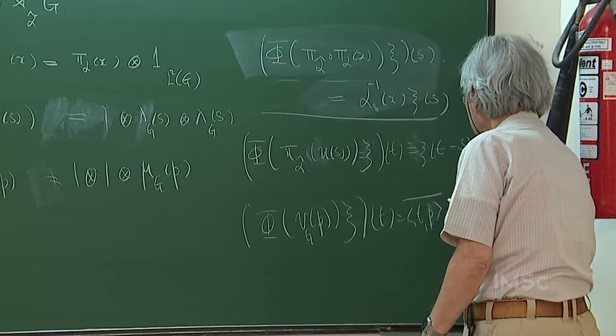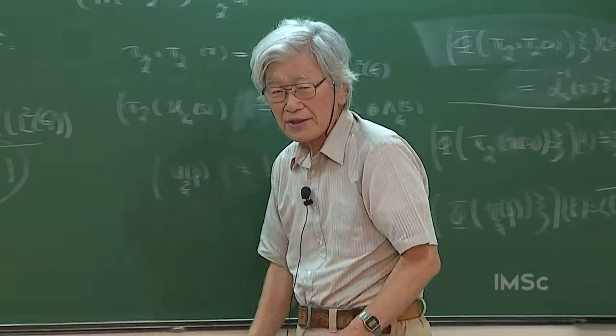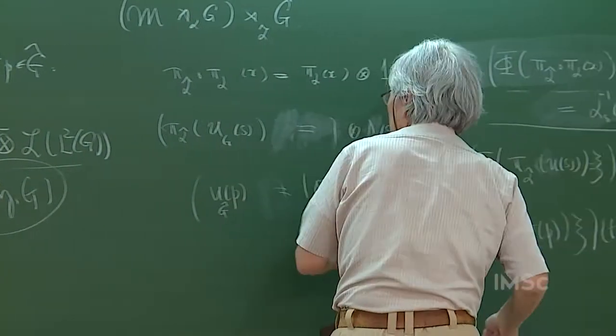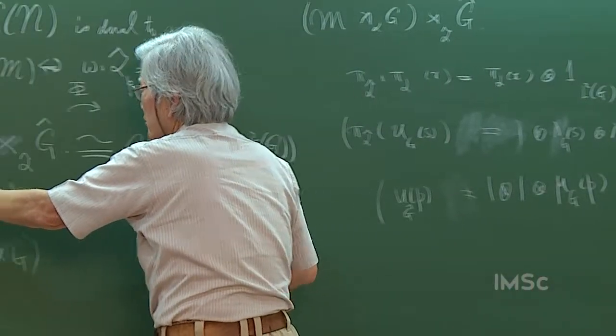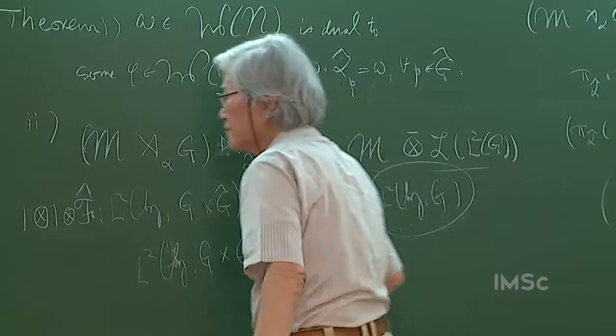Then here the conjugation comes in. That's the way this algebra is moved to this Hilbert space from here to there.